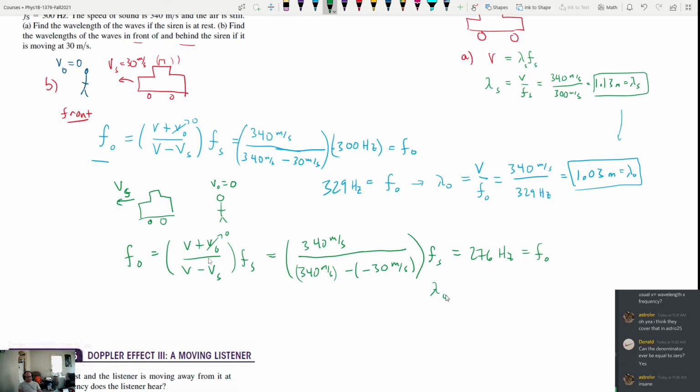This is going to correspond to an observed wavelength. That'll be 340 over 276, and this is equal to 1.23. I agree. I got the same thing.